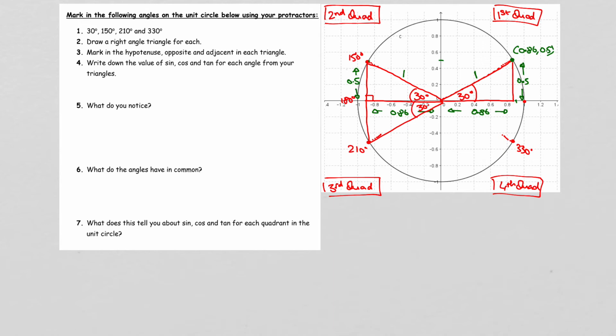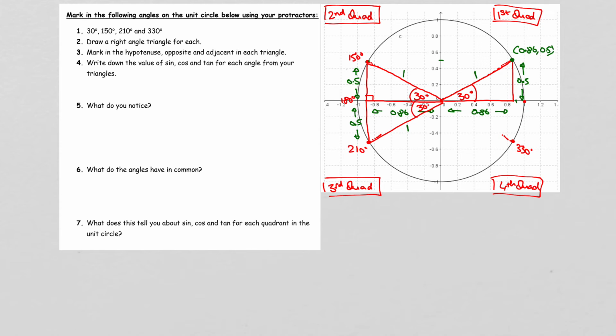And again, if I look at the values of the opposite, the adjacent, and the hypotenuse there, again, I can see my radius is 1. I've gone down 0.5 on the y-axis, this time in the negative direction. And I've gone out 0.86 again.